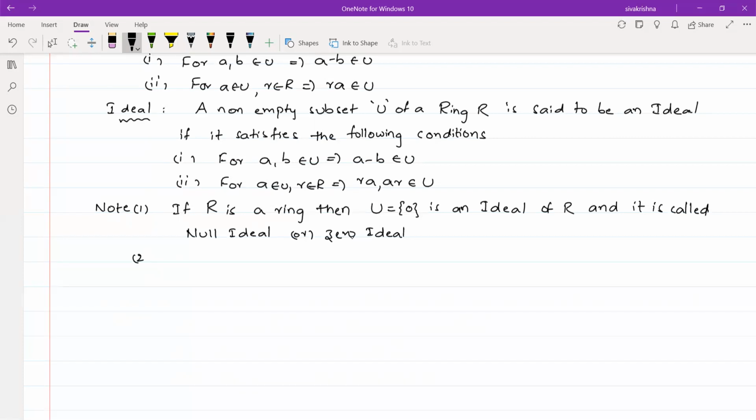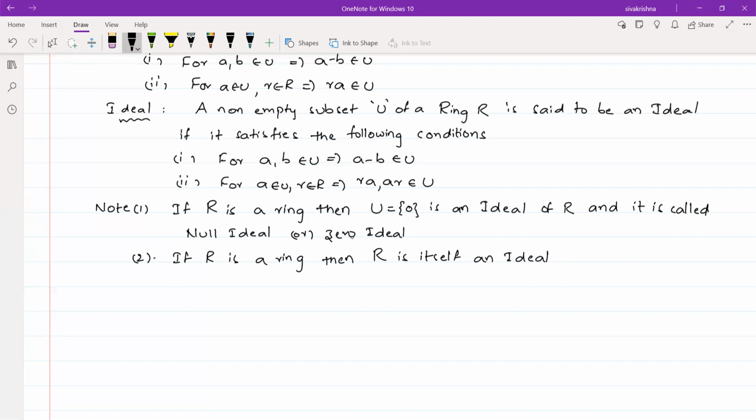So coming to the next point, that is note 2. If R is a ring, then capital R is itself an ideal. So what does the second point mean? Every ring is itself an ideal. So from note 1 and note 2, I am concluding that every ring is having two ideals.